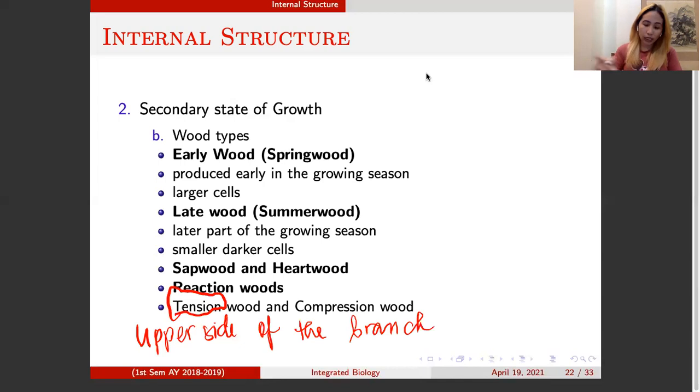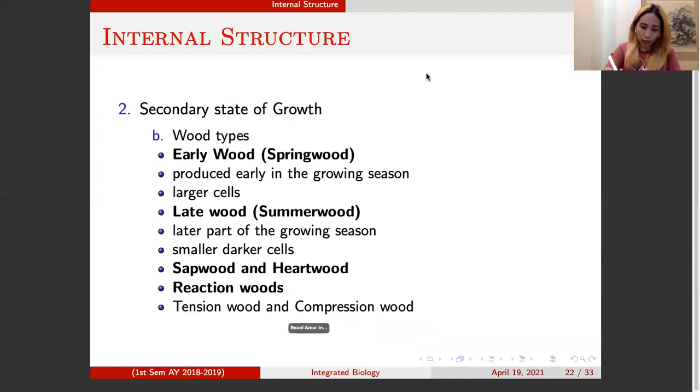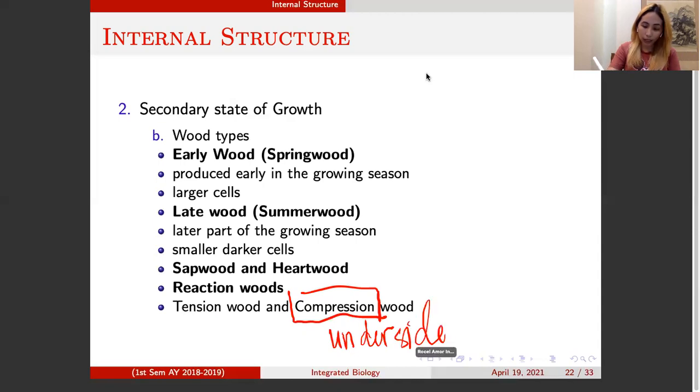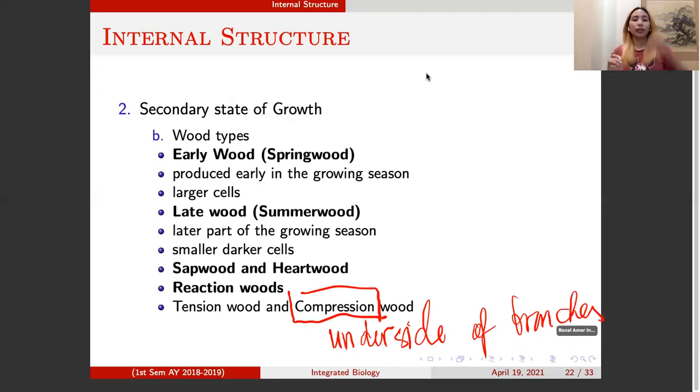Now, compression wood is another type of reaction wood. Okay? However, unlike the tension wood, compression wood is formed on the underside of the branches. Okay. So they are formed on the underside of the branches.